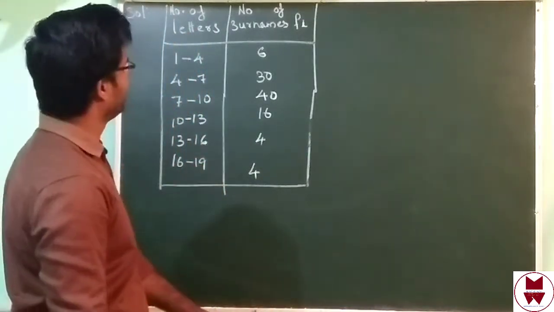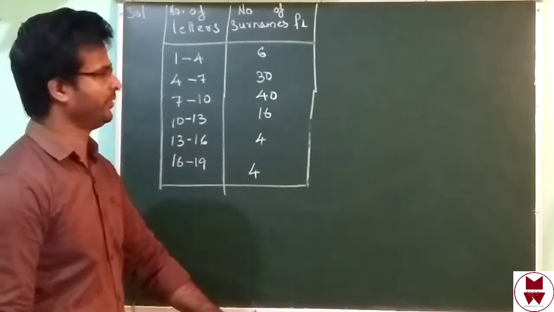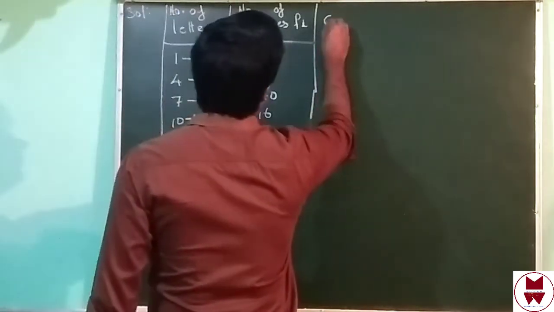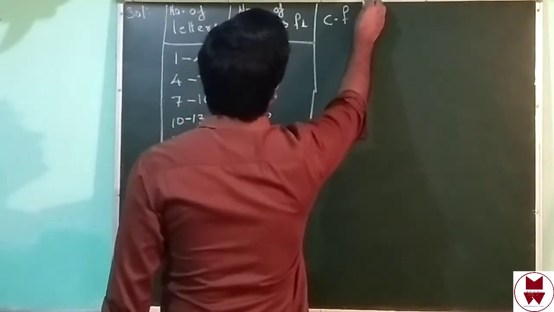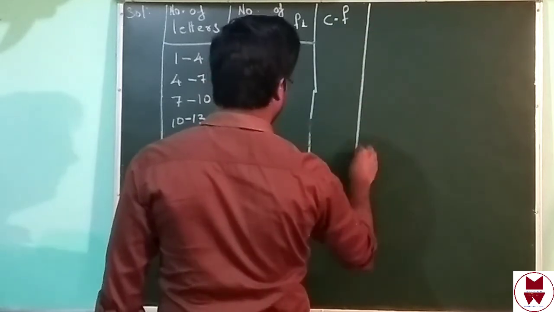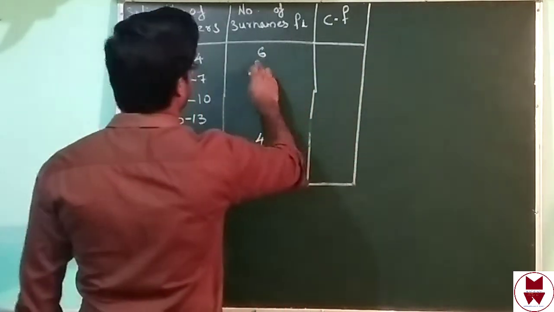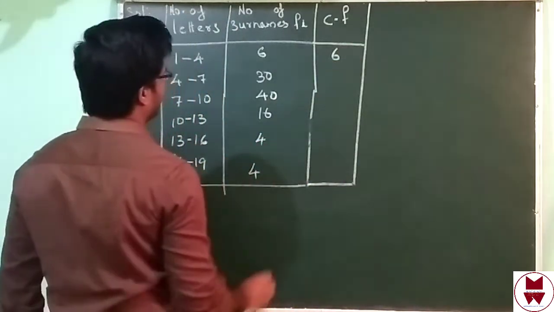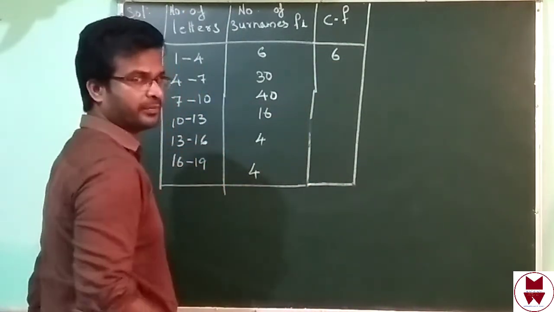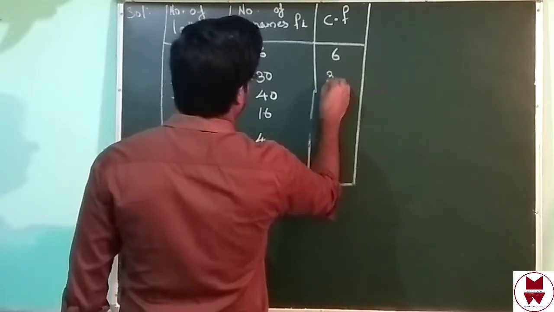Then first we will find out median. For that we can draw one more column, that is cumulative frequency CF. First write this 6, then 6 plus 30, how much? 36.